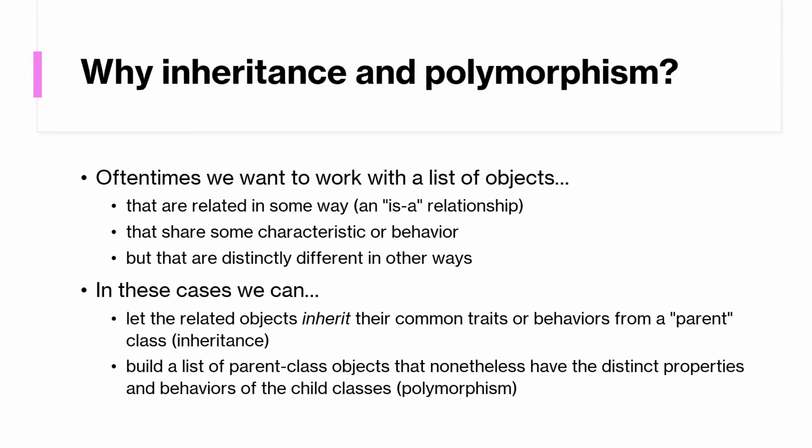A salaried employee is an employee, an hourly wage employee is an employee, so they might both inherit from employee. As you can see in these cases, these all share some characteristic or behavior.